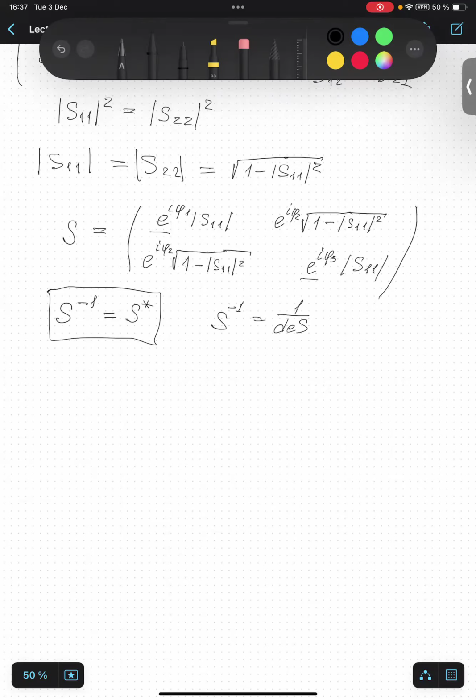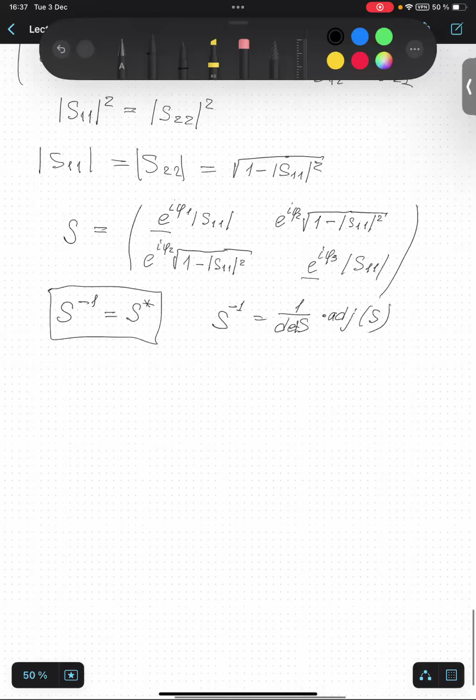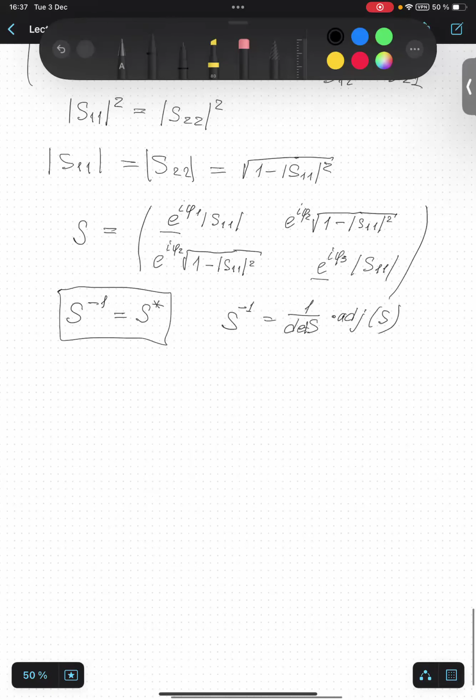This is just 1 over the determinant of S multiplied by the adjugate matrix of S, in Russian, присоединенная. So let's look only at one component of the inverse matrix.